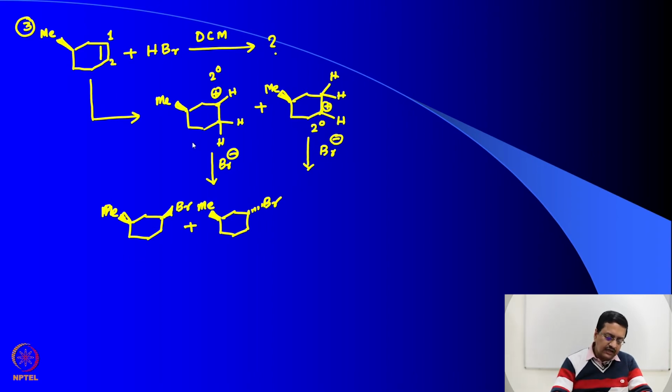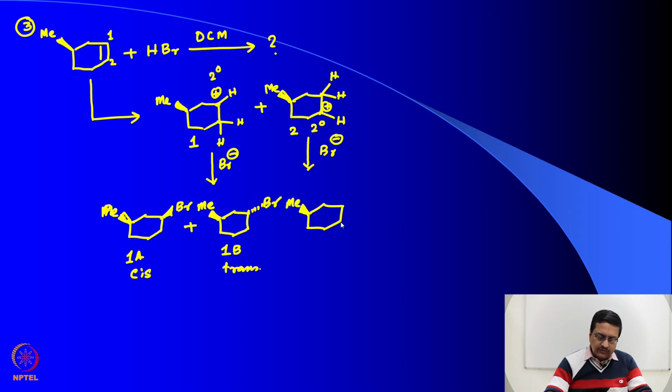So if we number this carbocation as 1 and this one as 2, and this product as 1A and 1B, these two compounds we can clearly see are cis and trans isomers. Similarly, from the second carbocation, you would get products which are both cis and trans.